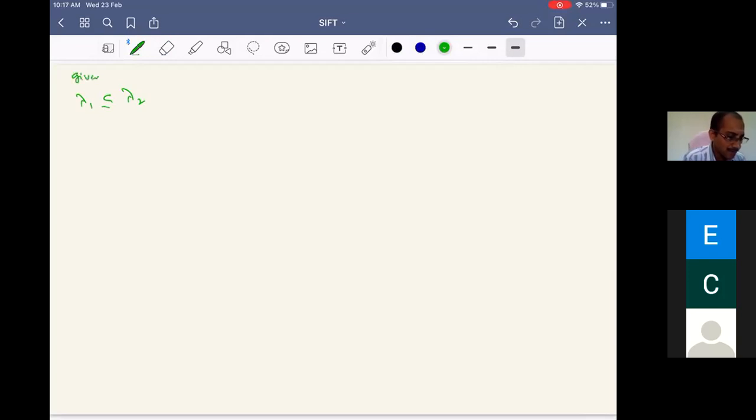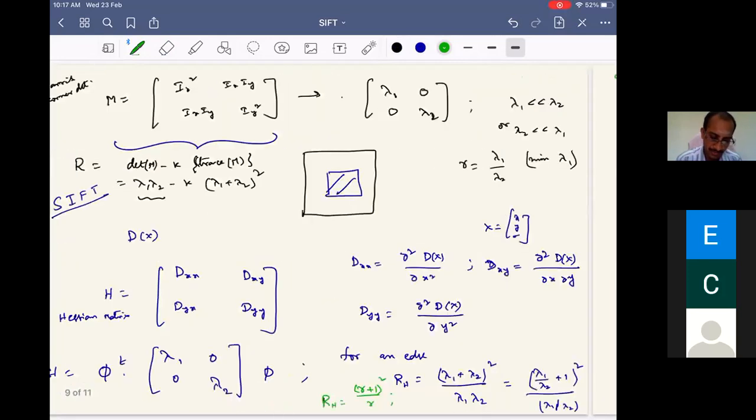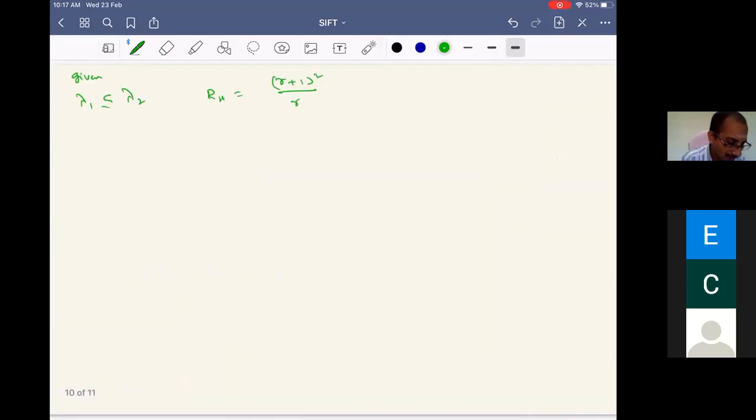So taken for the generality of notation, if we take it like this, now the measure we have is R plus 1 whole square by R. And what is the R value? Lambda 1 by lambda 2. And what is the range of this?